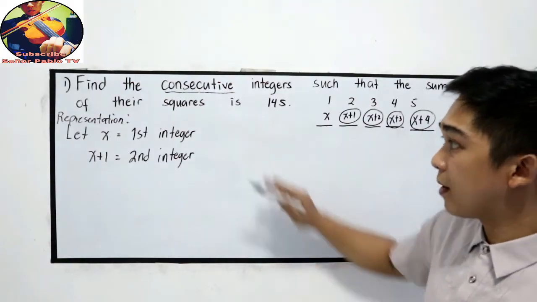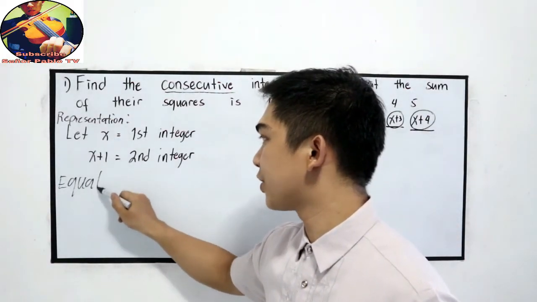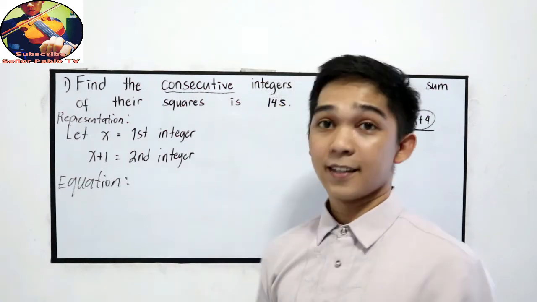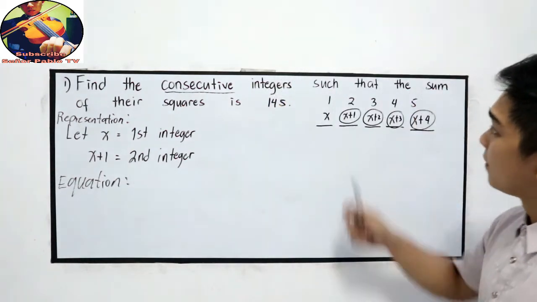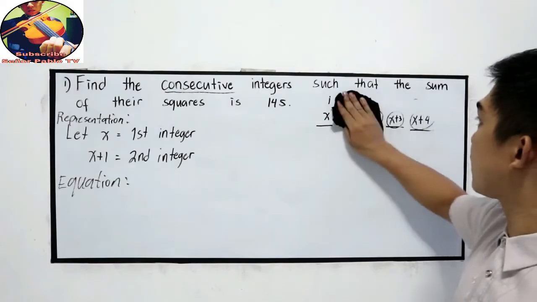After representation, balik tayo ngayon sa ating given, then magfo-form tayo ng ating equation. Such that the sum of their squares is 145.